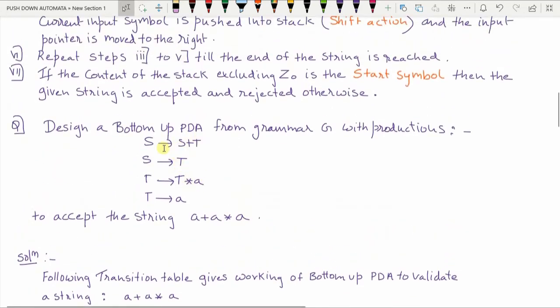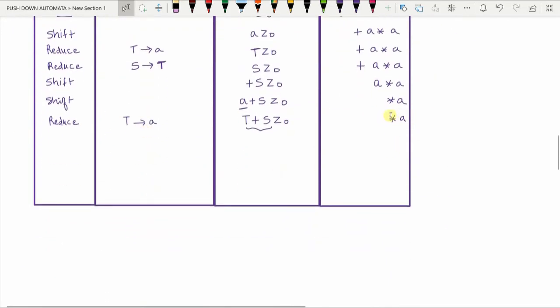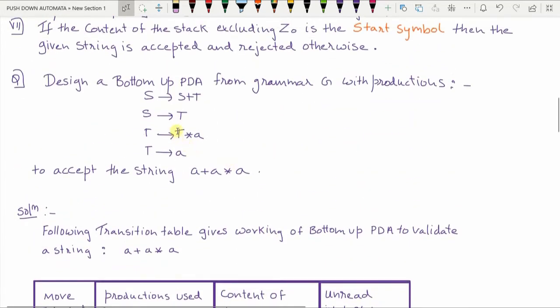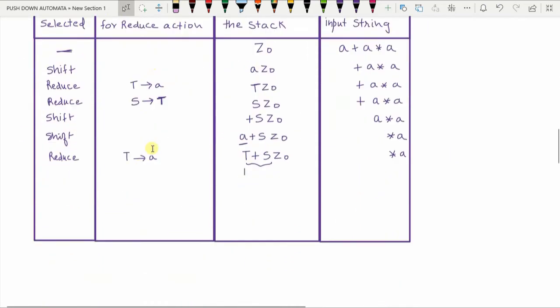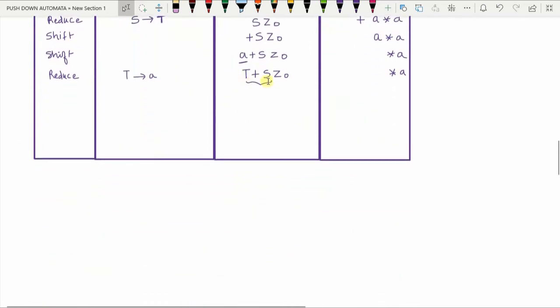I will not reduce S plus T with S yet, because I want this into A also to be solved. There is one production wherein T into A is the right hand side. So instead I will not reduce here, but I will continue shifting.